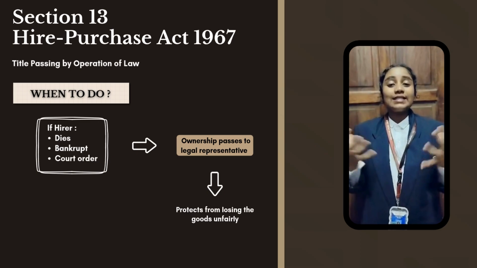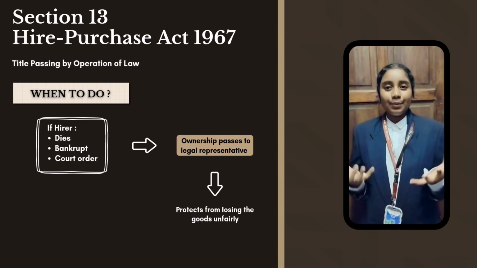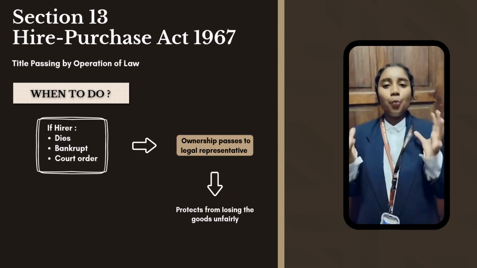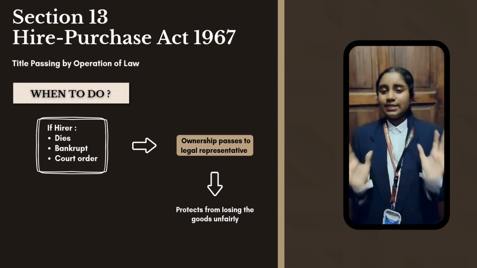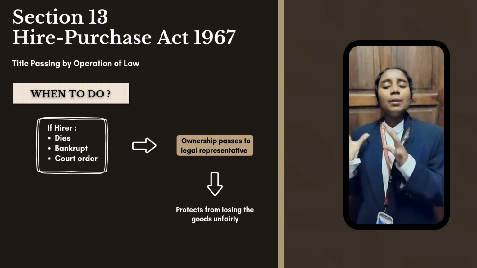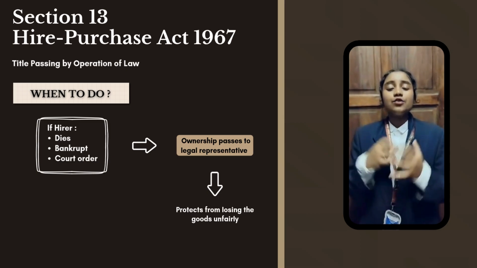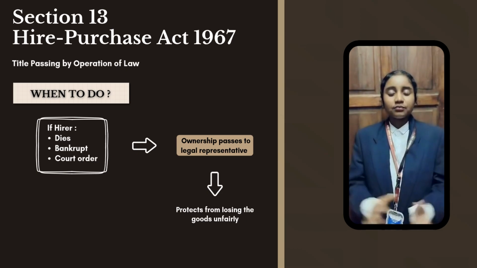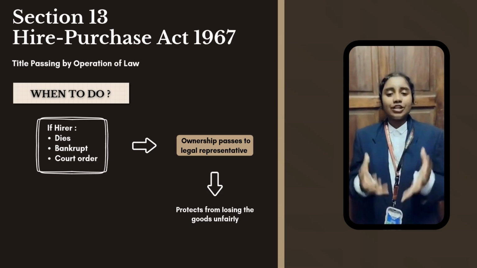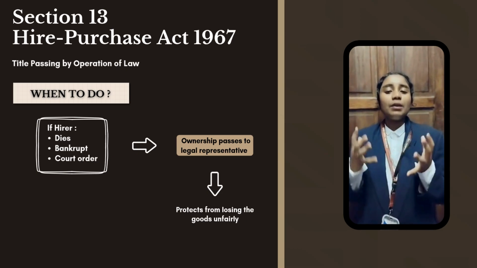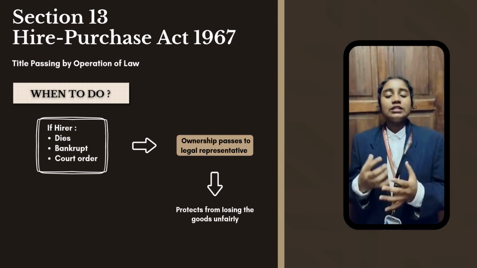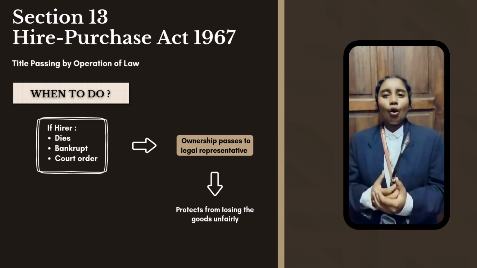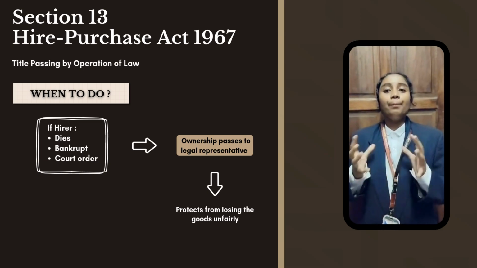I would like to give an example for this section. For example, Ali passed away, but his hire purchase agreement doesn't just end. His legal family member can take over his rights under the agreement. The purpose of this section is to protect the family members or representative of the hirer, so they don't just lose the goods or money they already paid.